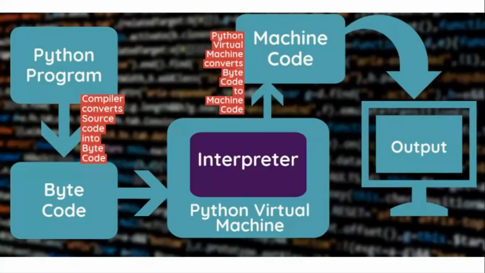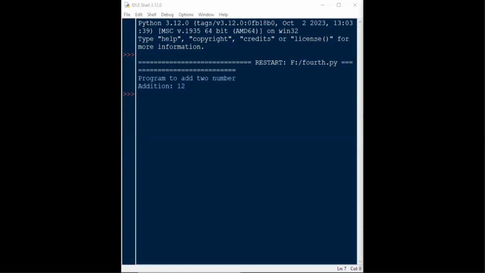Now, once the machine code is generated, our processor is going to execute it. And finally, we see the output on the screen. So when you see this output, just remember all the processing done by the processor behind the scene with the help of Python.